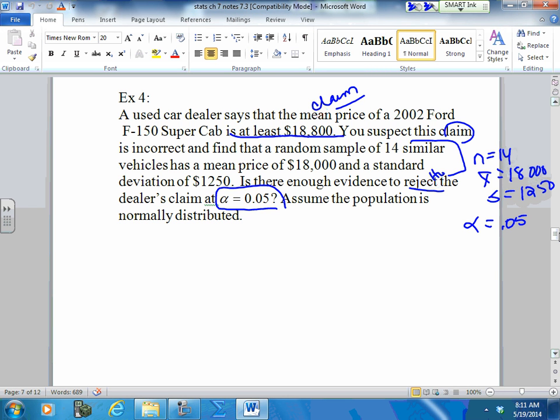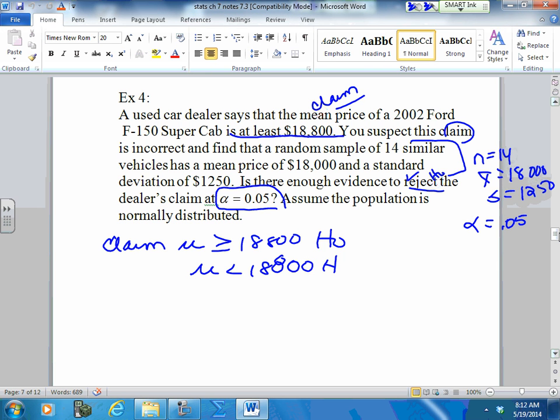So here's your claim right here. Your claim says the mean is at least. How do I say at least? Good. Greater than or equal to. Okay. This is H0. Oh, yes. And it makes sense because it said the word reject. So it makes sense. Your HA is its complement.